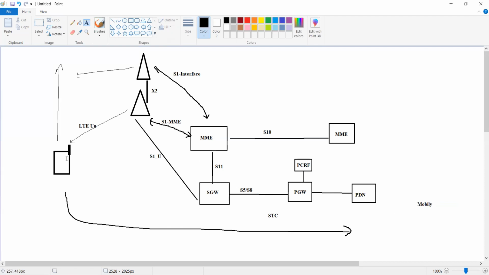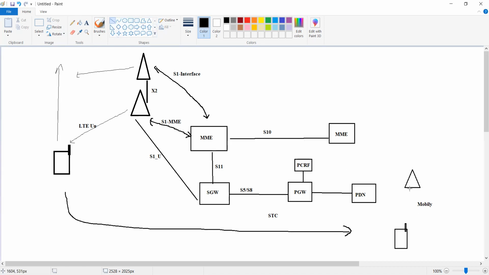But in case the UE has moved from this area to this area, suppose there is a separate MME in this area. Let me draw this completely. Suppose my UE has moved here, and there is an eNode B in this area, which is a mobile area.